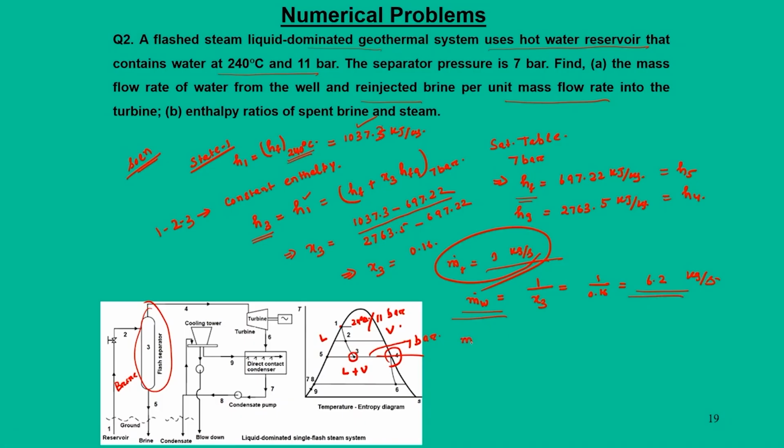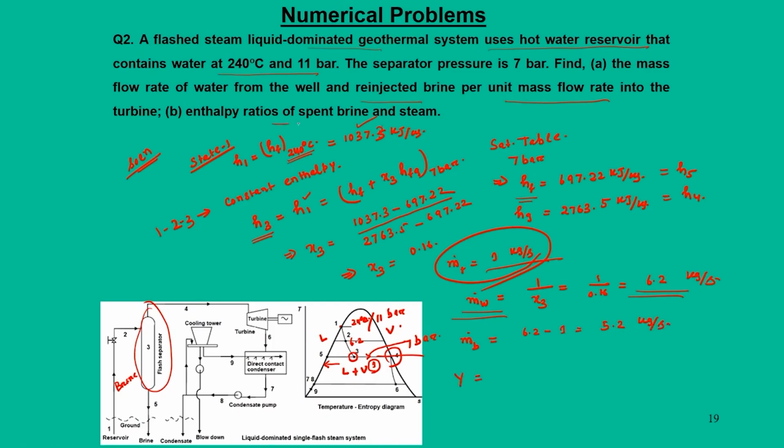Then the mass of the brine that is reinjected: 6.2 comes here, 1 unit goes to the turbine and the rest comes here. So, m dot b will be 6.2 minus 1 unit, so this is 5.2 kg per second. Now, what is the enthalpy ratio?